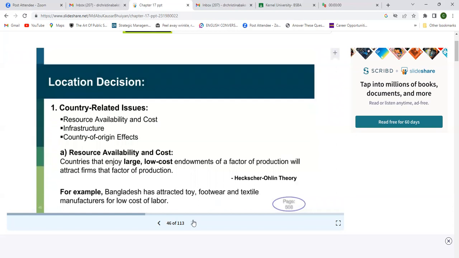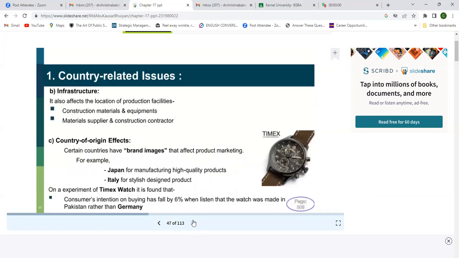Countries that enjoy large and low-cost endowments of a factor of production will attract firms that use that factor of production. For example, Bangladesh has attracted toy, footwear, and textile manufacturers for its low-cost labor.